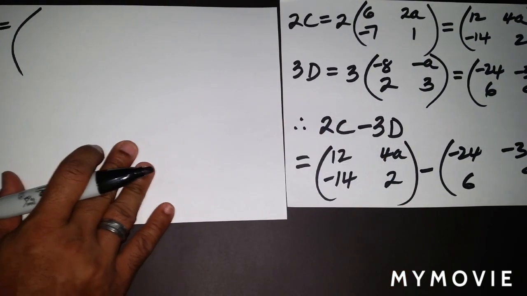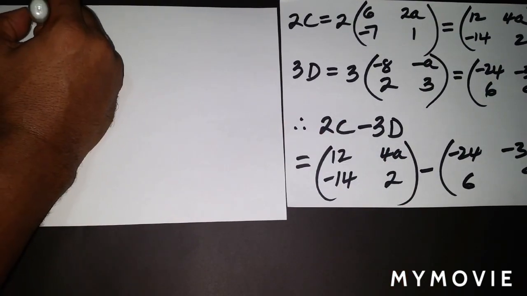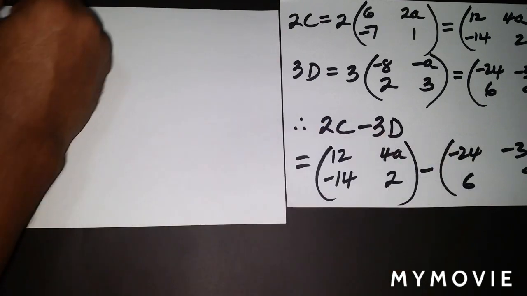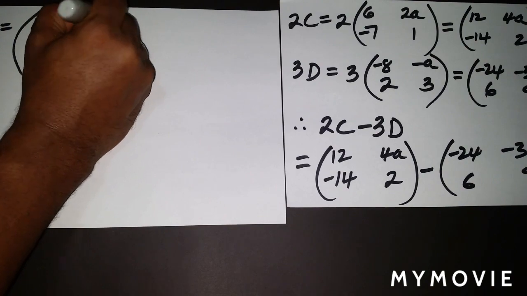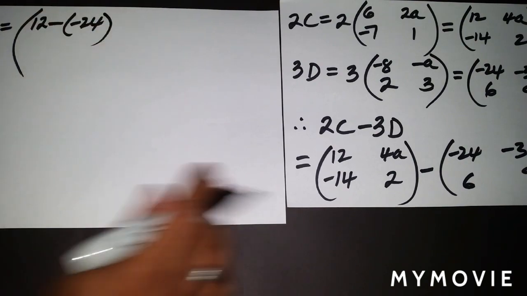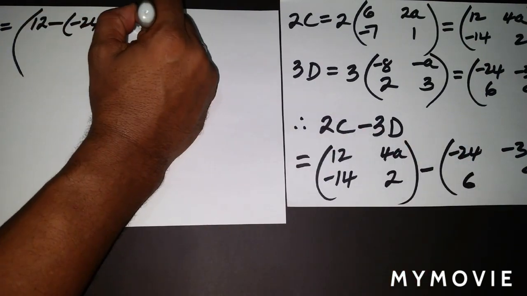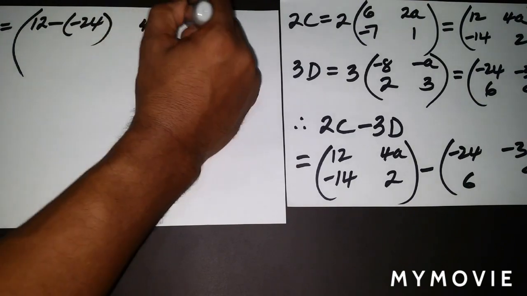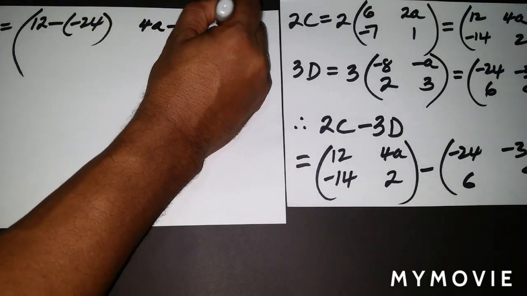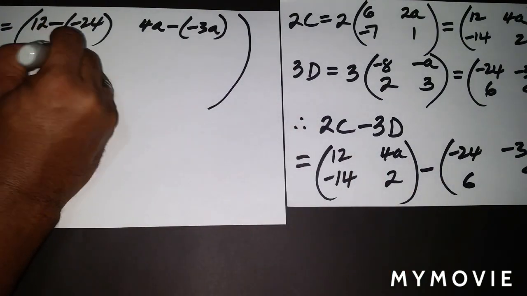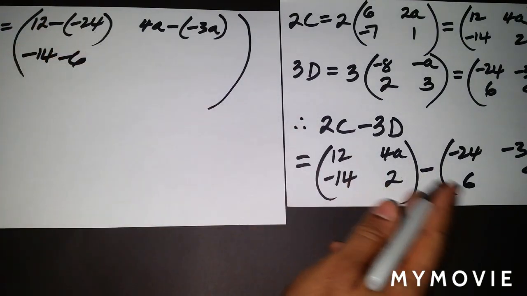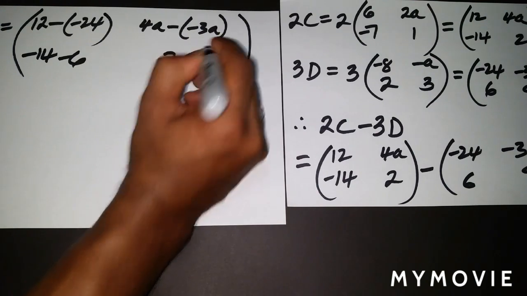So what we have here is 12 minus negative 24, and 4a minus negative 3a, minus 14 minus 6, and 2 minus 9.